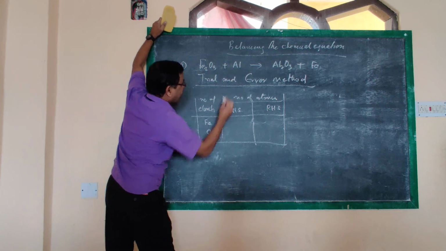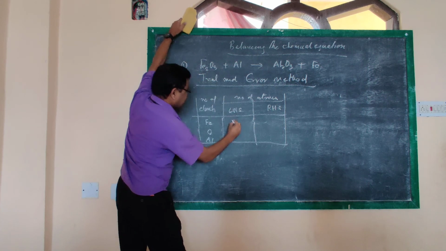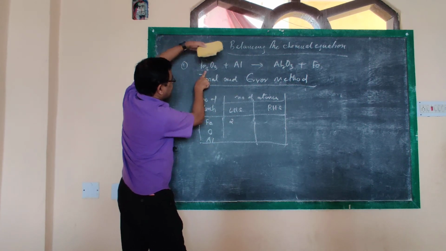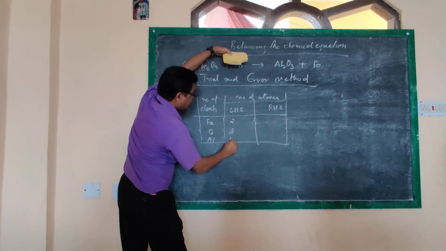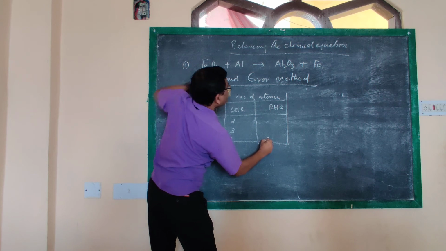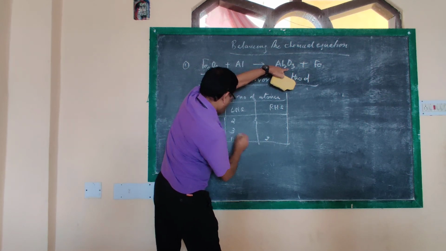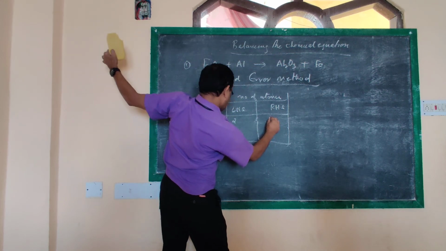Fe, O and aluminium. How many on the LHS? Iron is 2 atoms, oxygen is 3, aluminium is 1 atom. On the RHS, aluminium is 2 atoms, oxygen is 3, iron is 1.